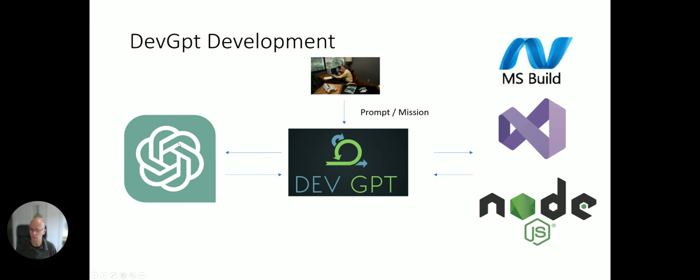ChatGPT comes up with an idea how that should work, for example some code. DevGPT interprets the code using compilers or whatever tools necessary and gives the feedback back to ChatGPT. So you get a loop in which the programmer is only needed for the initial quest. So how does this work?